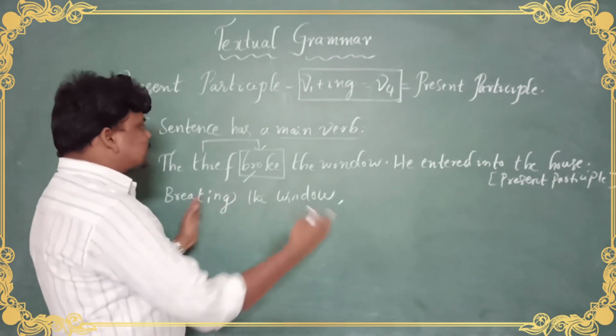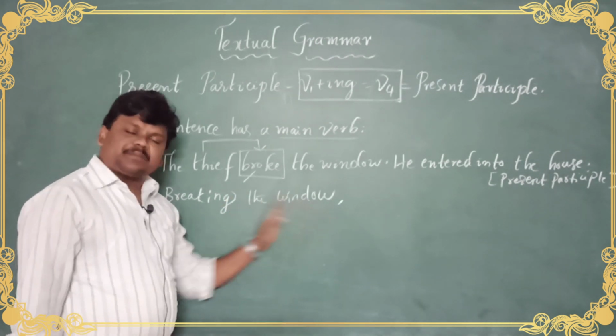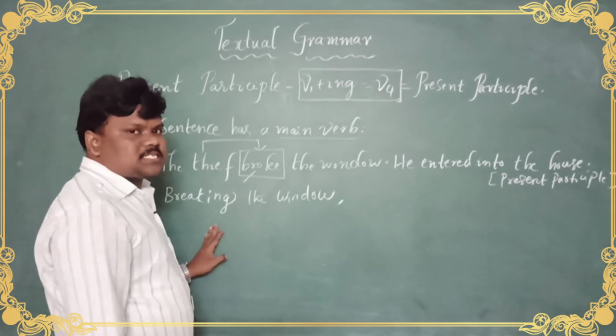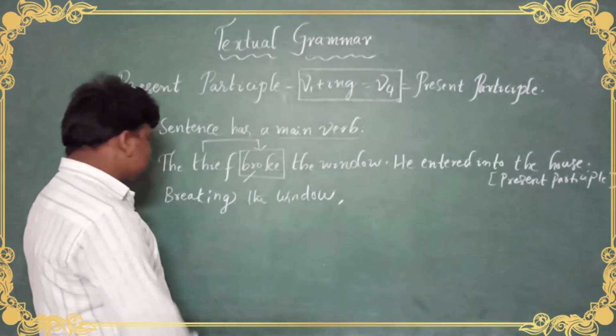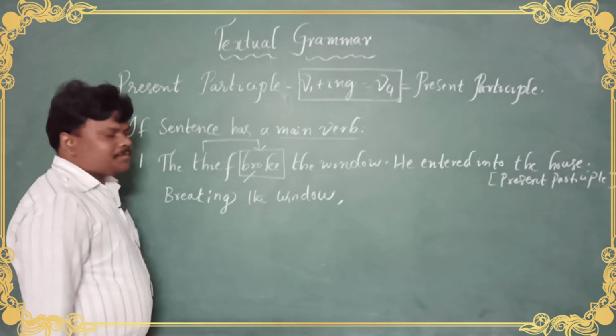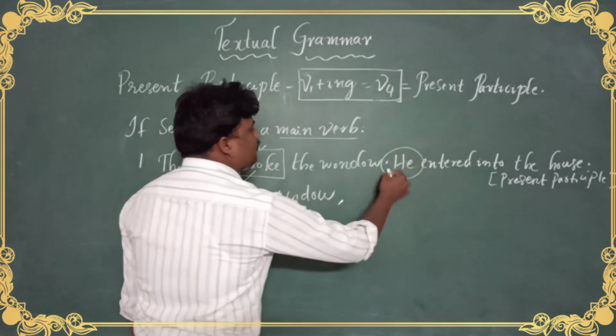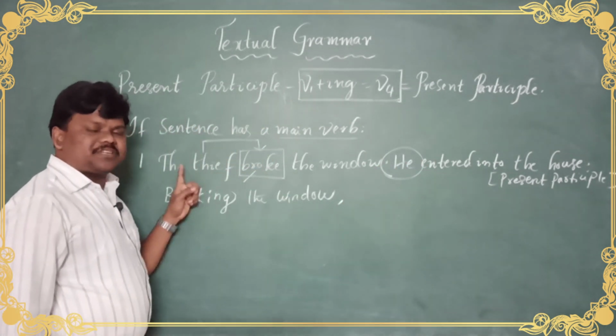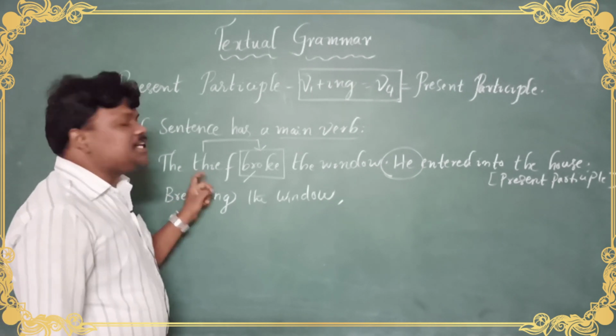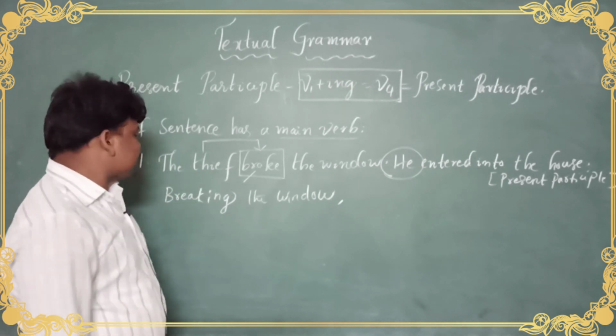We need to separate the participle clause, the gerund clause, compulsorily. So breaking the window, comma, and replace the pronoun with the noun which is in the first sentence, that is the thief.